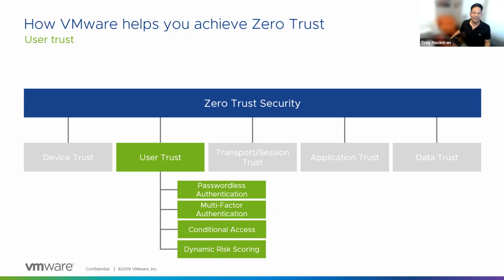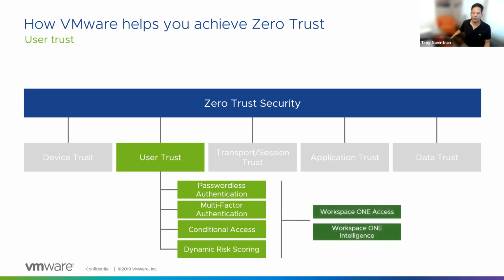Or provide some type of scoring metric that can be correlated and automated to provide a more holistic security posture on your environment. Conditional policy engines can make that decision based off dynamic and contextual data. And products that directly map to user trust are our Workspace ONE Access and our Workspace ONE Intelligence.